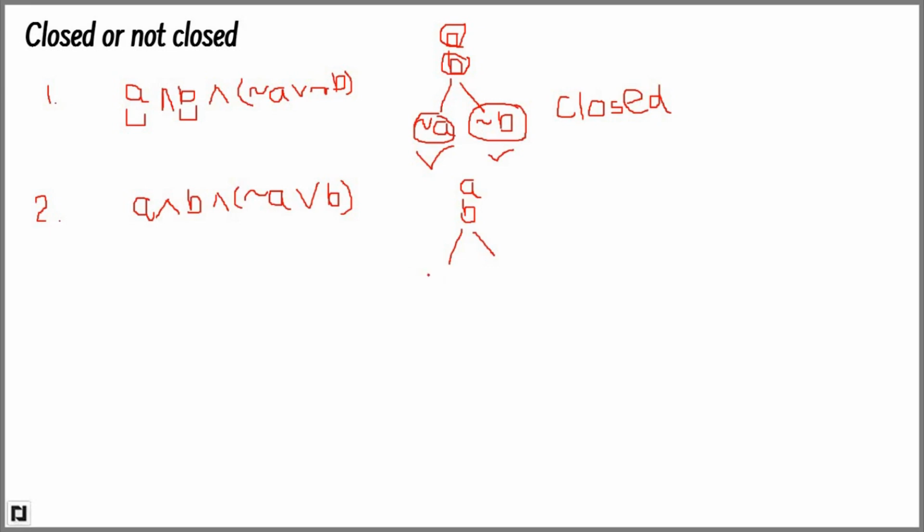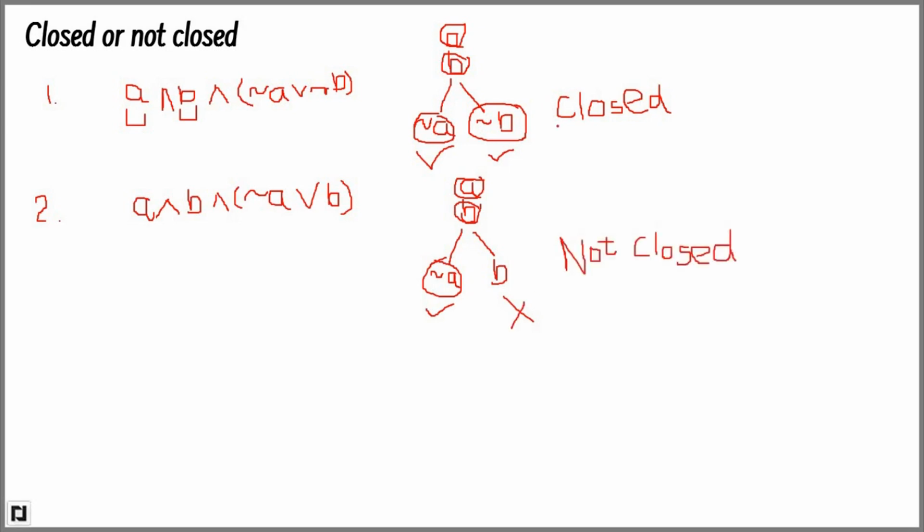The child of the parent node is the sum term, which is negation of A or B. Here we can see that A is closed by negation of A, so this branch is closed, but B is not closed here, so this tree is not closed.